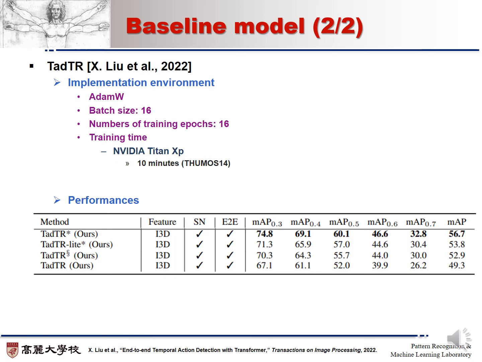The implementation environment is as follows. This model is trained with 16 epochs with 16 batch size, and the training time takes about 10 minutes based on the Thumos dataset on a Titan XP. Therefore, I think it is a model that can be fine-tuned enough.